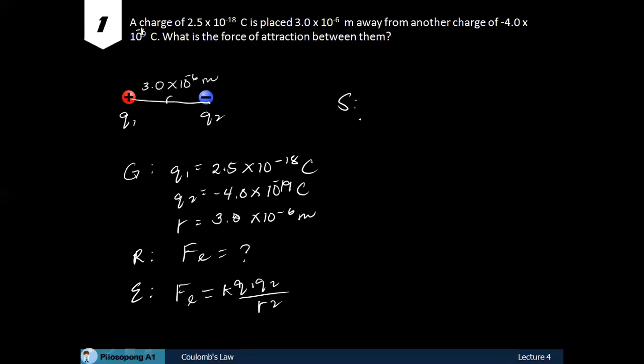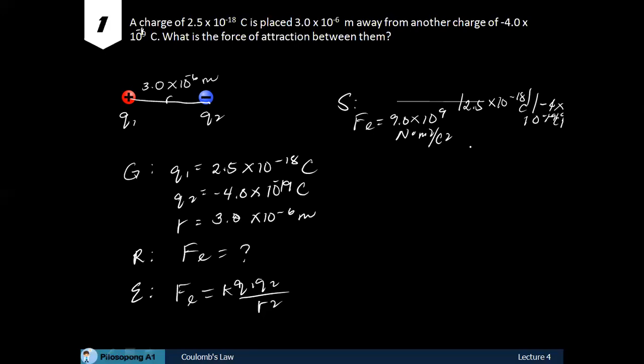We have Fe is equal to 9.0 times 10 raised to 9 Newton meter squared per Coulomb squared times 2.5 times 10 raised to negative 18 Coulomb times the absolute value of 4 times 10 raised to negative 19 Coulomb.